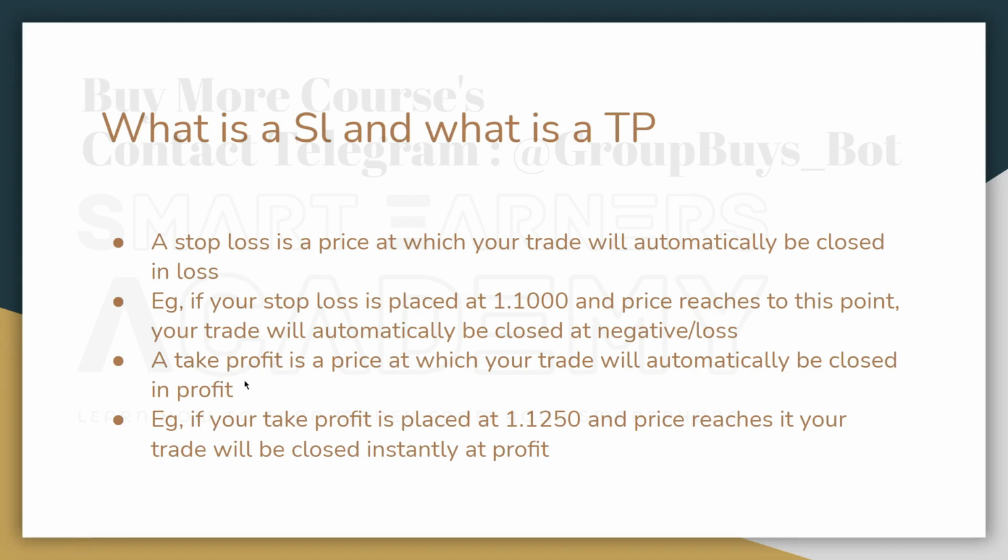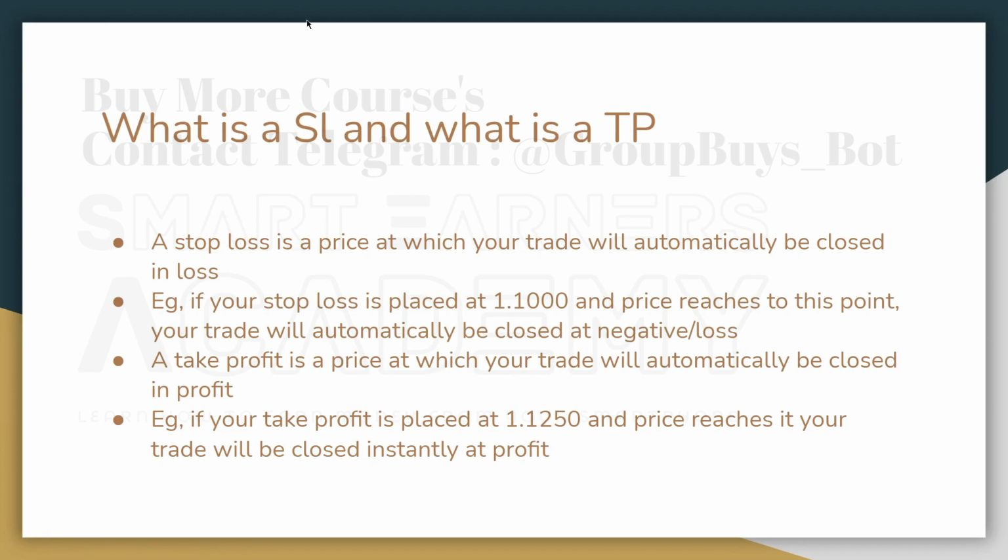It's exactly the same for take profit, except the opposite. The take profit is a price at which your trade will be automatically closed if in profit. For example, if your take profit is placed at 1.1250 and the price reaches it, your trade will be closed instantly at profit.